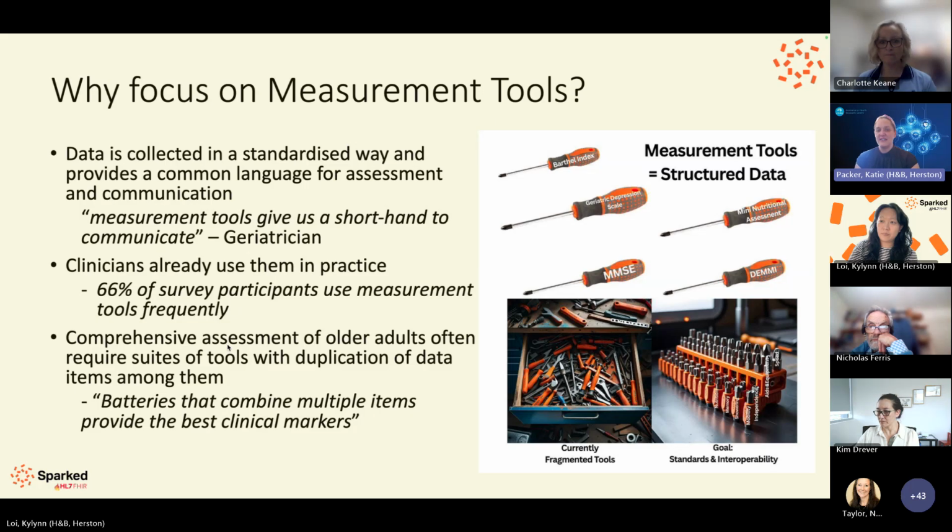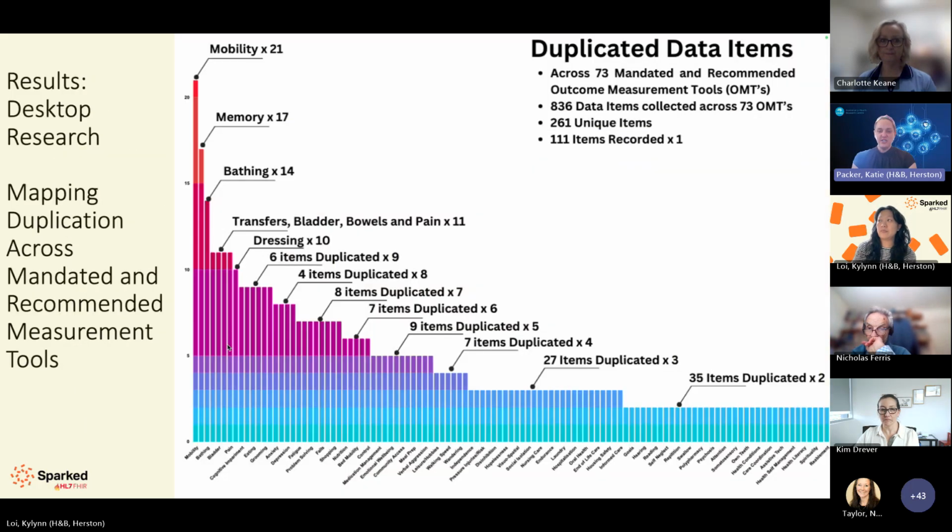So the first page here, if you go to the next slide, this is the results from our desktop research. We mapped the measurement tools that are currently mandated and recommended in the Australian context. This could either be by federal or state governments or by other national organisations like clinical registries.